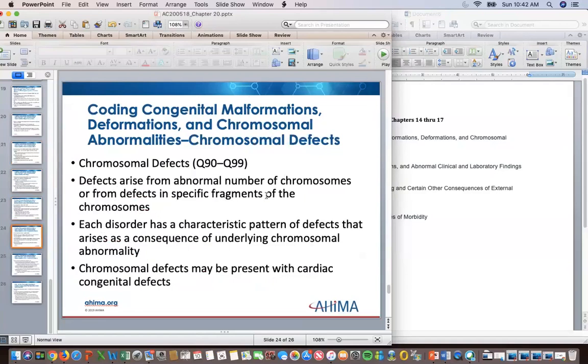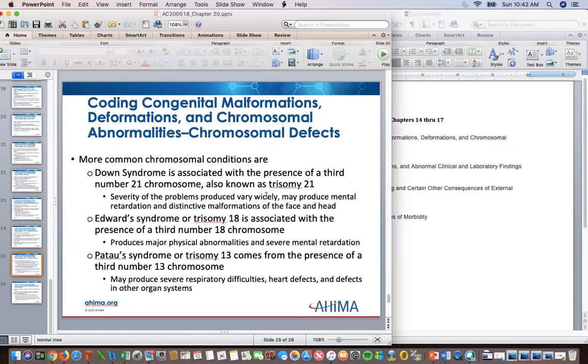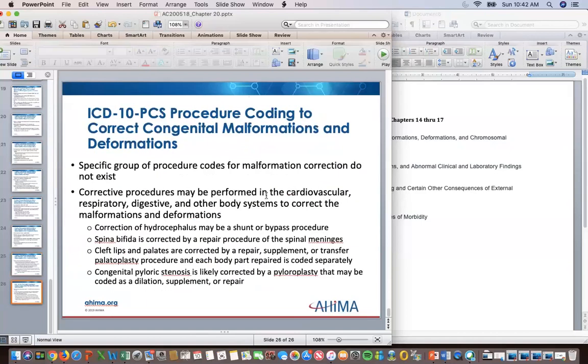Again, defects arise from an abnormal number of chromosomes or from defects in specific fragments of the chromosomes. So we'll give you the list of the more common chromosomal conditions: Down syndrome, Edwards syndrome, Patau syndrome, or trisomy 13, which comes from the presence of, obviously, an extra number 13 chromosome.